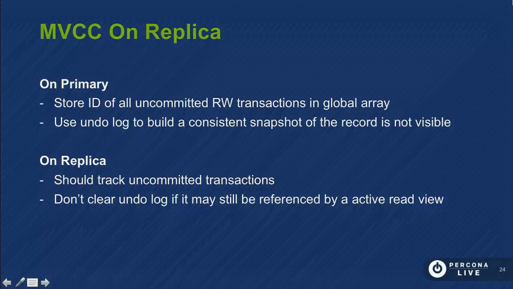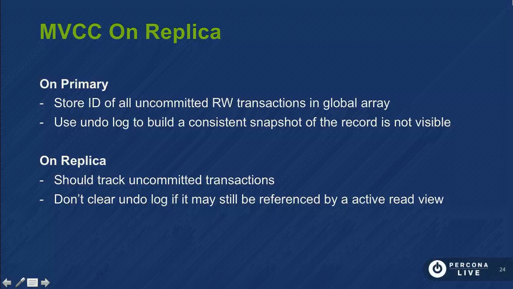Okay, MVCC on replica. On the primary, when we start a read-write transaction, it will assign a new transaction ID and put the transaction ID into a global transaction IDs array in the trx_sys. And when opening a read view, it will copy the global transaction IDs array into a local one.